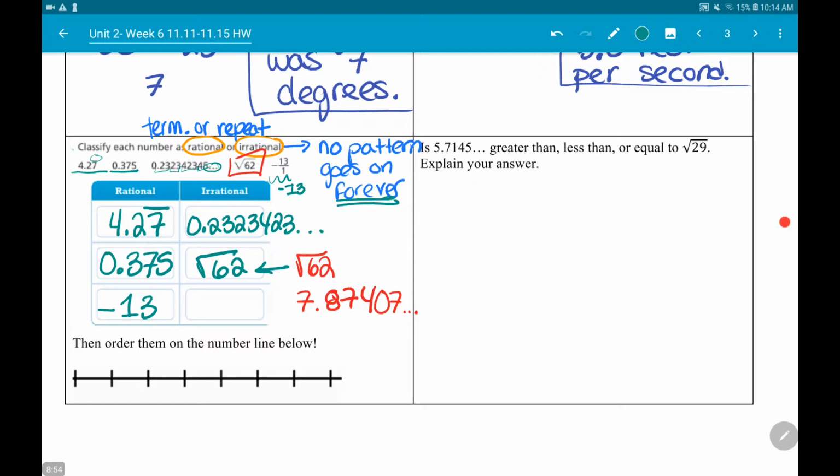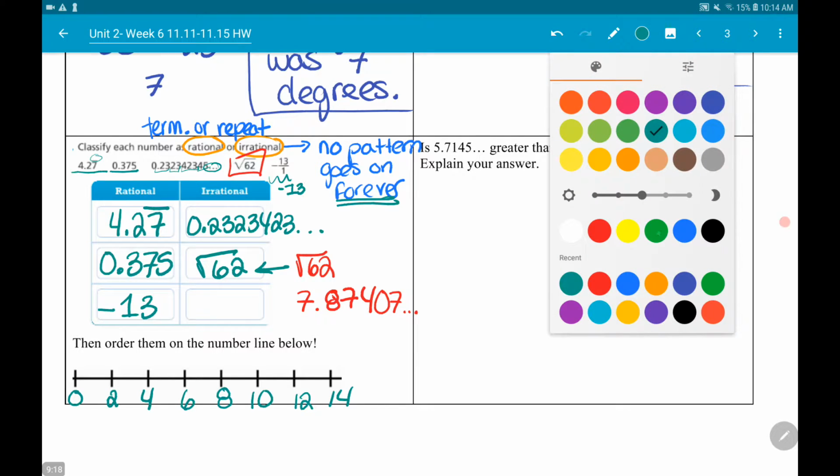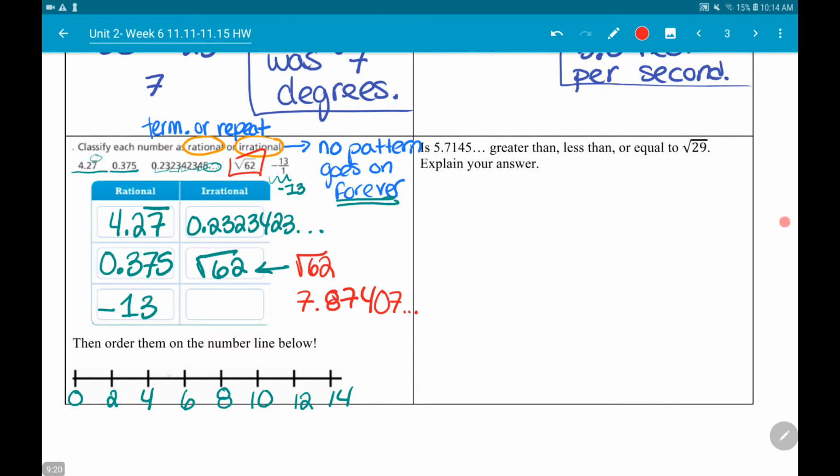All right, and then we need to order them, okay? I'm going to order them starting, let's count, let's see. Let's count by 2. So 0, 2, 4, 6, 8, 10, 12, 14. All right, I have 4.27. That's going to go somewhere after the 4.